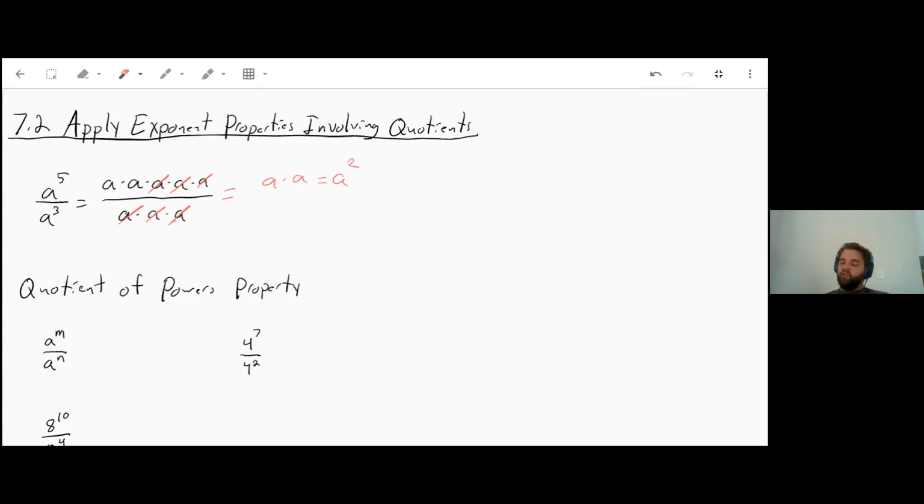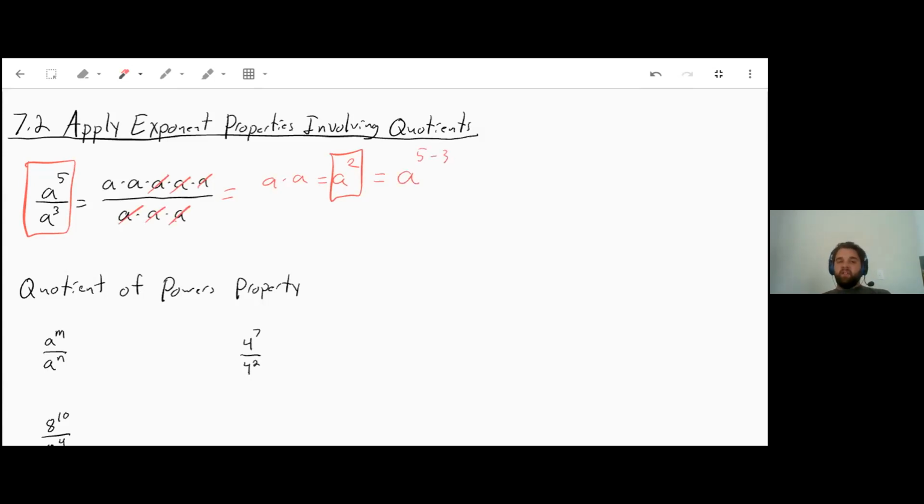Well, how can we get to an answer of a squared just looking at where we started from? Well, what we can do is actually just take the top number for our power and subtract that bottom number. So a squared would actually be the same as a to the 5 minus 3 power.